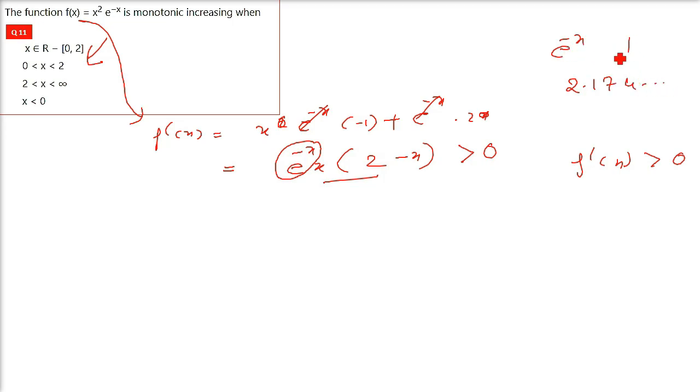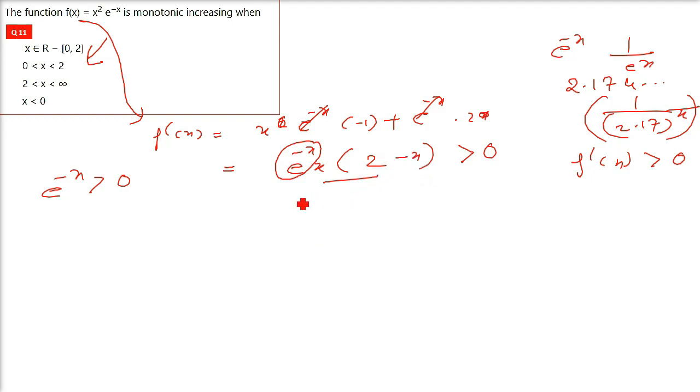Now anything with a constant power, that is, you have e raised minus x, x can be anything. X can be any value, but if it is of the power of 2.71, even if 2.71 is in the denominator, it will always give you a positive number. I am saying e raised minus x will always be greater than 0, whatever you put in place of x or replace x by any value.